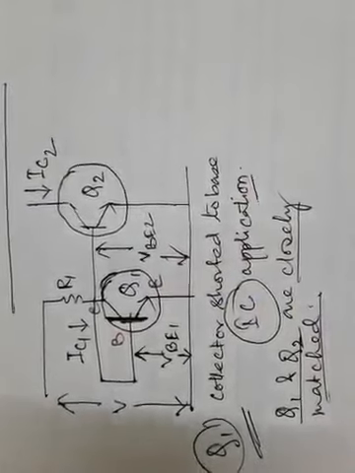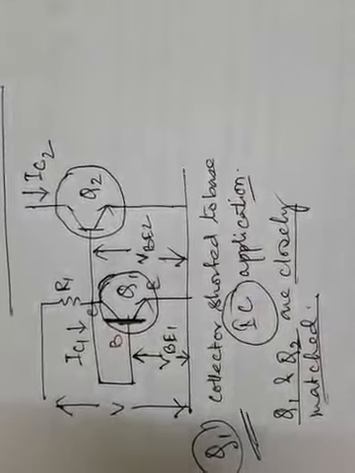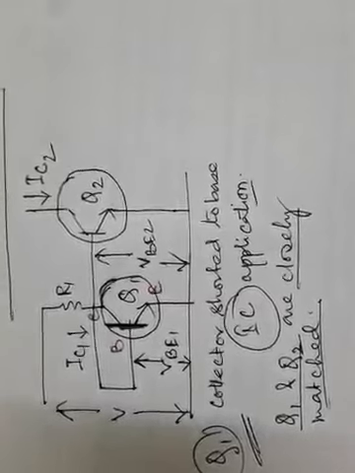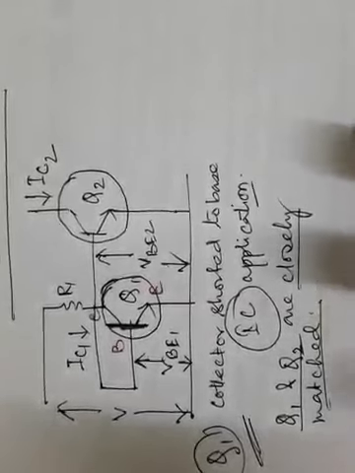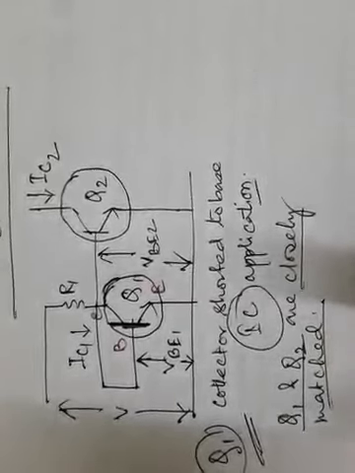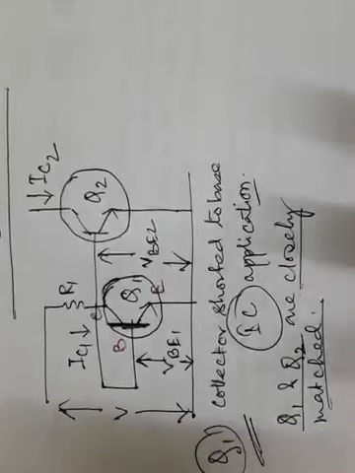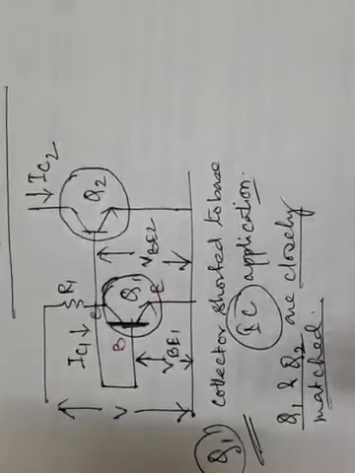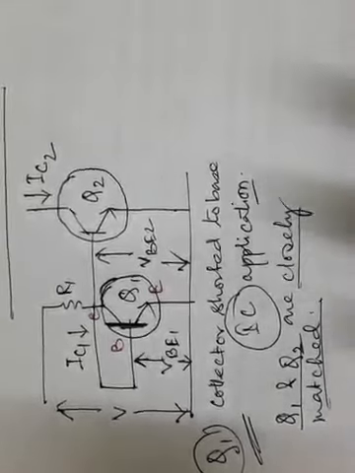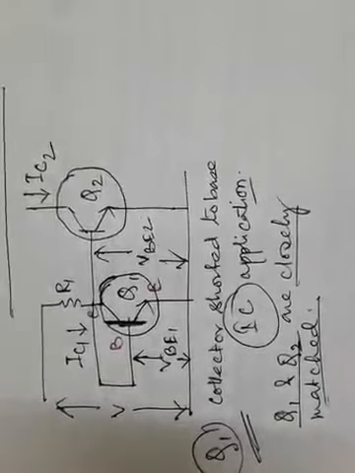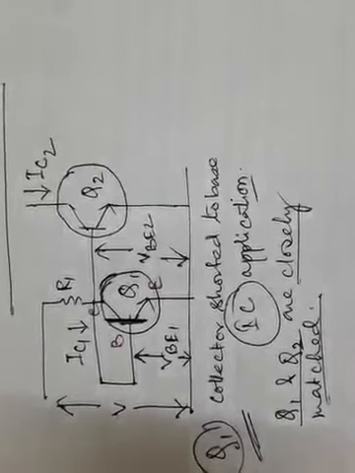Rather, this will behave as a diode, because the transistor has two back to back PN junctions. If one junction does not exist, then one junction remains, and so the transistor can behave like a diode. It will no more behave like a transistor.